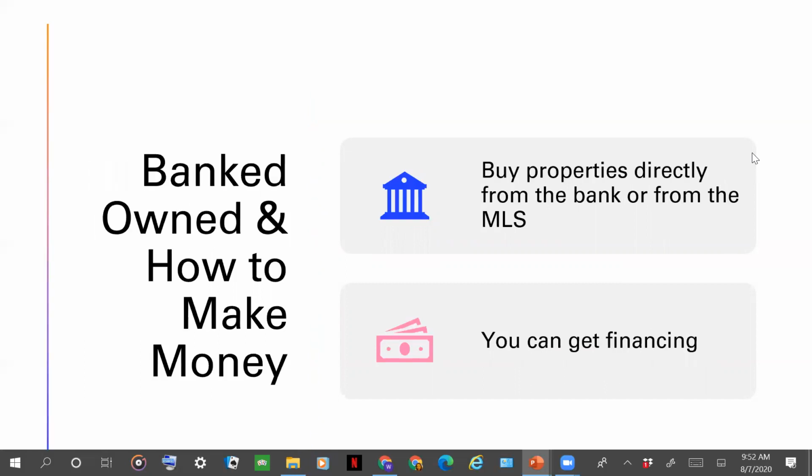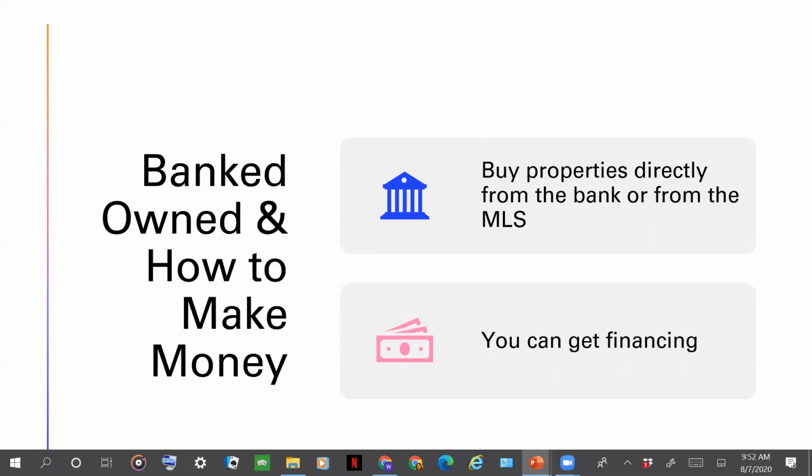Now, bank-owned properties, on the other hand. What typically happens in a foreclosure auction is that the bank or one of the bank's representatives is there to bid. So let's say the loan amount is $100,000, but all the other bidders are only bidding like $75,000.